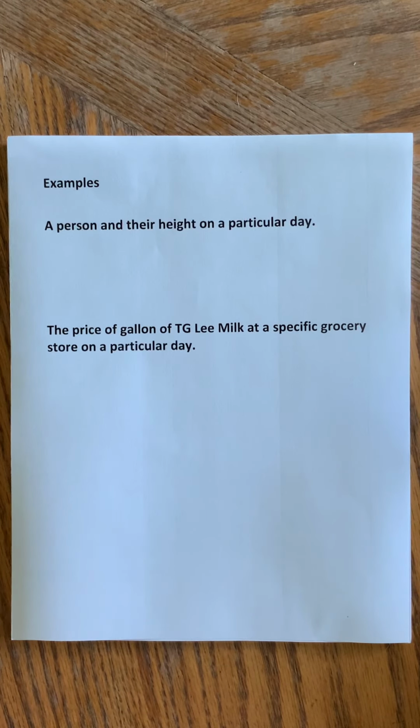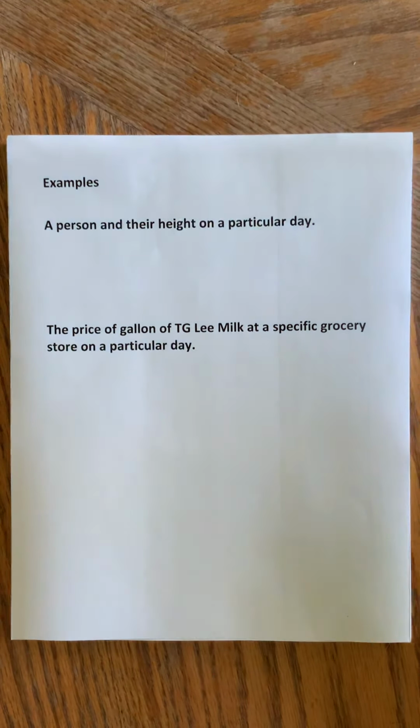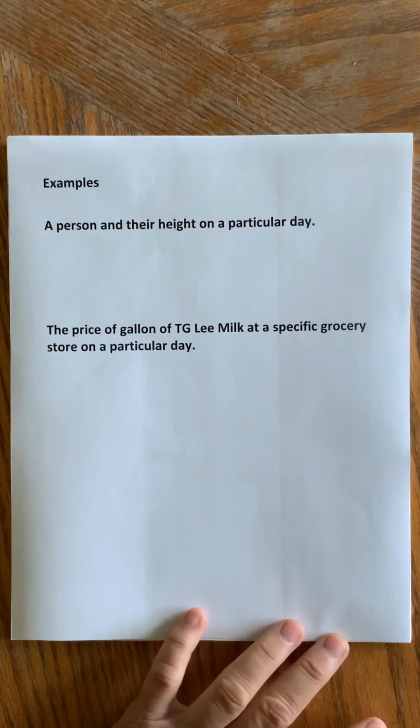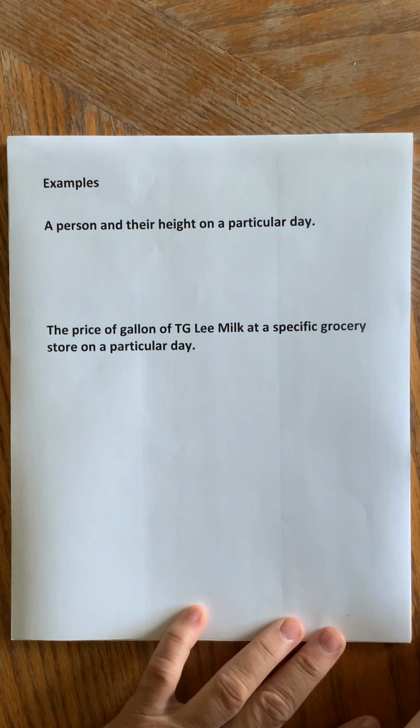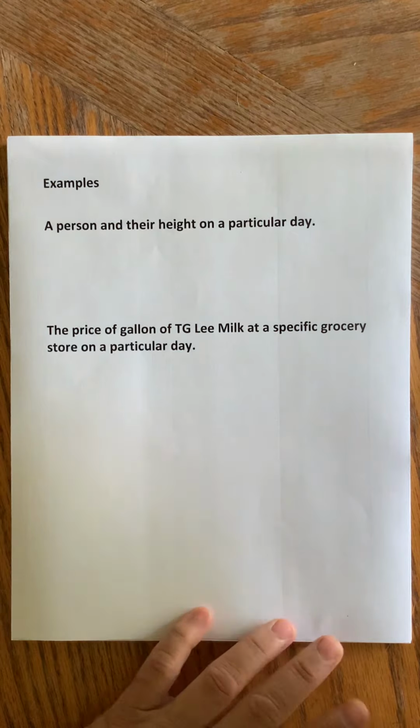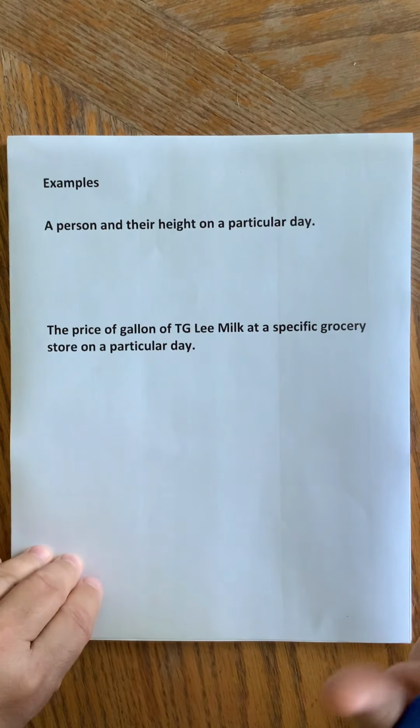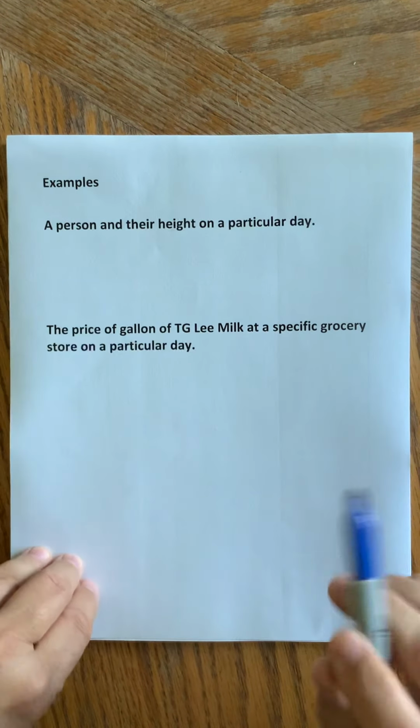Or an adult, unless they have an accident or something like that, and the verb is shrink or something. In general, if you take a person and you measure them on a particular day, it doesn't matter who measures them, as long as they measure the person correctly, you're going to get the same height. It's not going to change. It's not like that person is measured today and that person's 5'7", and then later on that day they're 5'5". It just doesn't work that way, right? There's only one output for that person, and the person's the input.